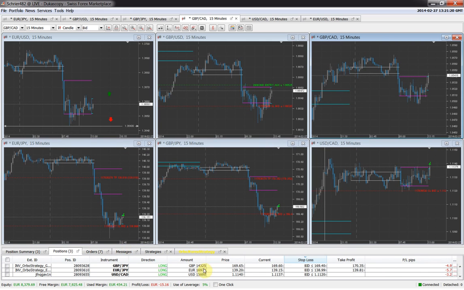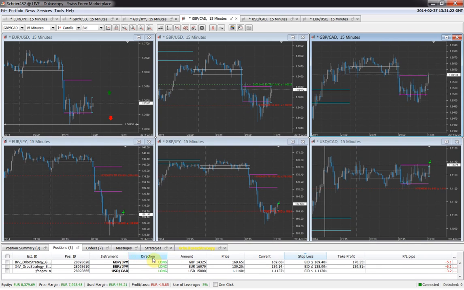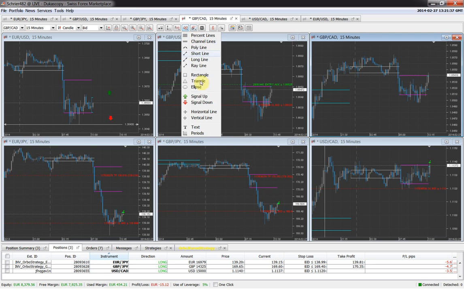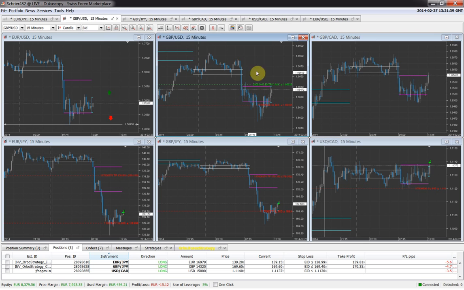These are the positions we have right now. We are long euro yen, pound yen, and dollar CAD. I'm leaving this entry here on pound dollar long.